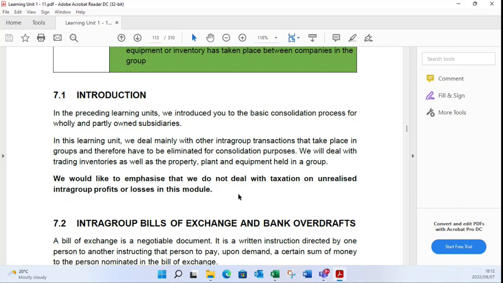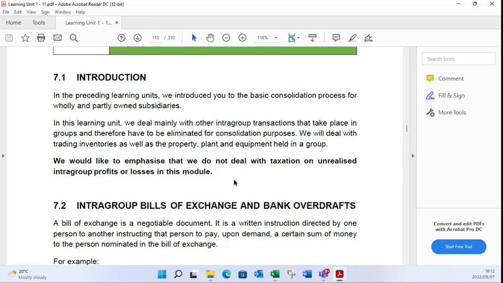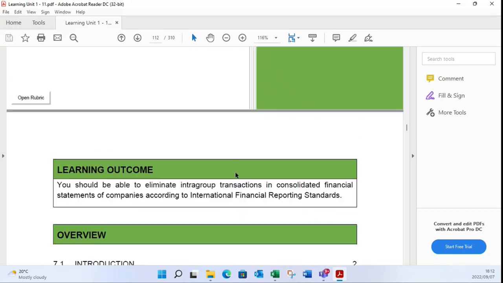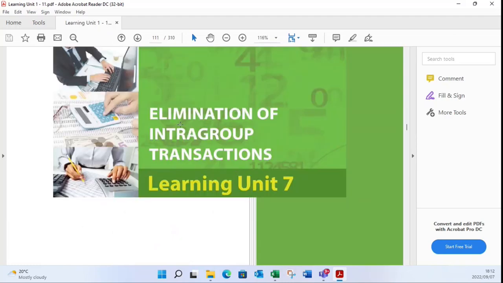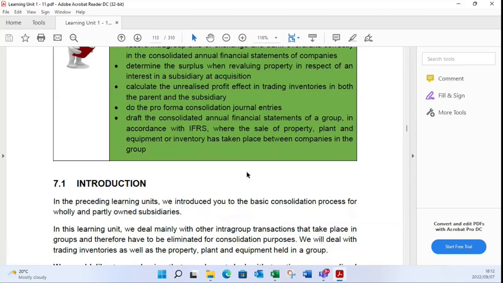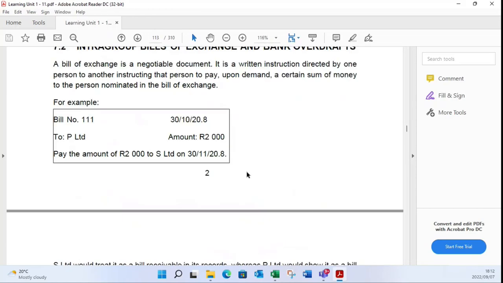So the main purpose of this study unit is to show how to eliminate those intra-group transactions. That's why it's called elimination of intra-group transactions. That's the main topic of this study unit, where we deal more extensively with the elimination that we used to do in the prior examples.